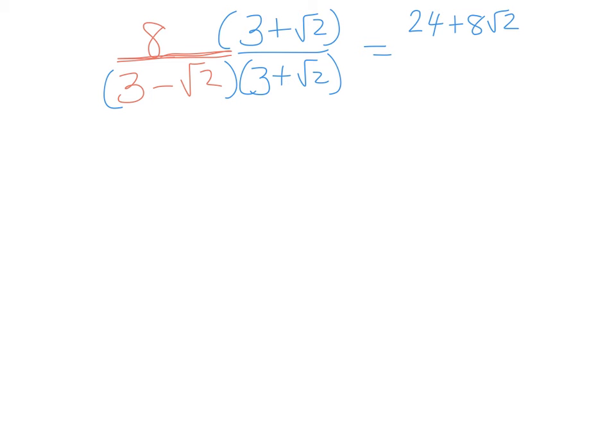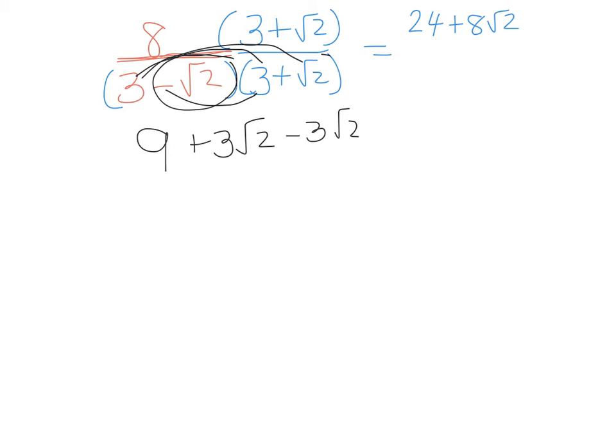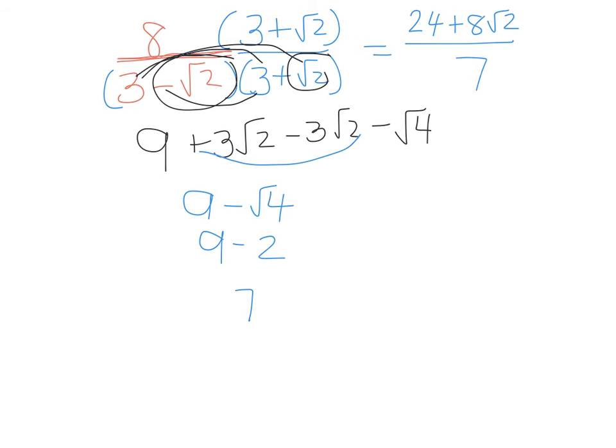On the bottom, I need to FOIL. 3 times 3 is 9. 3 times radical 2 is 3 radical 2. 3 times negative radical 2 is negative 3 radical 2. Negative rad 2 times rad 2 is negative rad 4. The middle cancels. I have 9 minus rad 4, which is 9 minus 2, which is 7. That goes on the bottom, and this is my answer simplified.